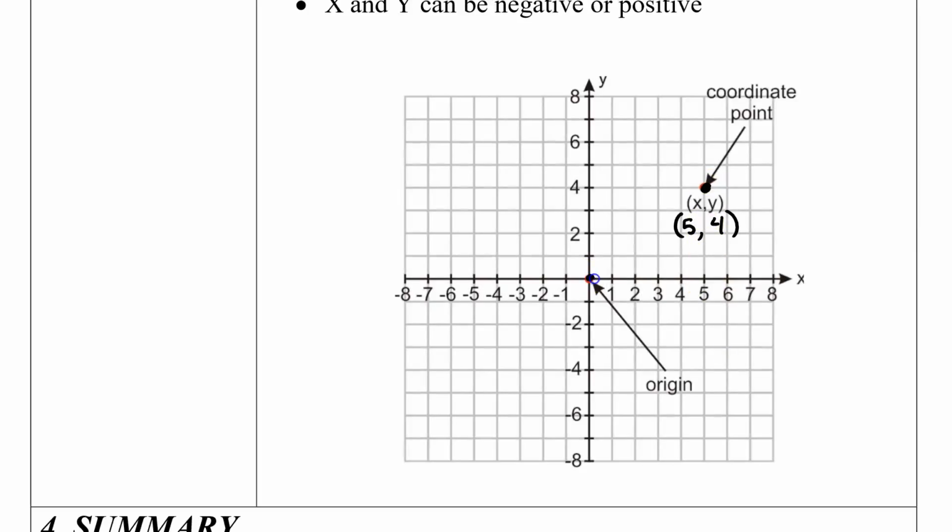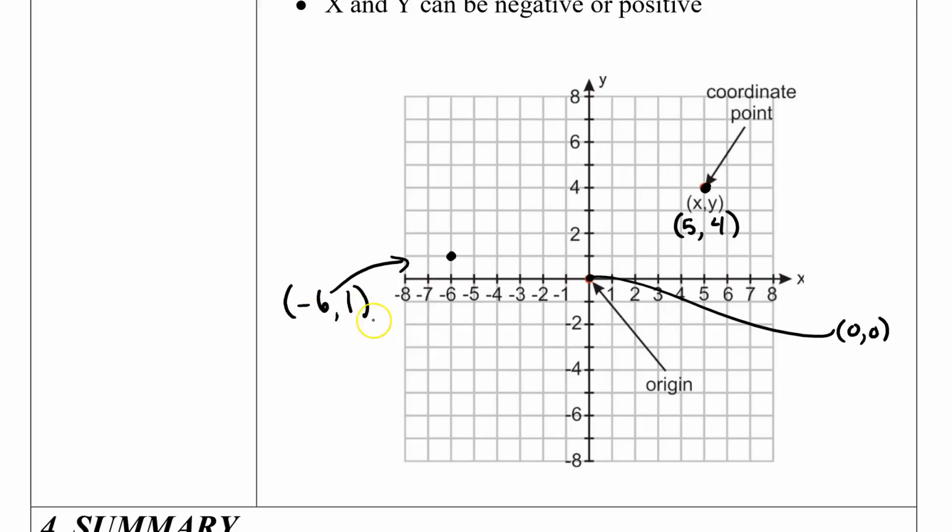This right here is the origin. It always has the coordinate point of 0, 0. However, if I were to put this point right here, that point right there would be -6, 1. Now here's the thing. Some people are going to describe that as 1, -6.